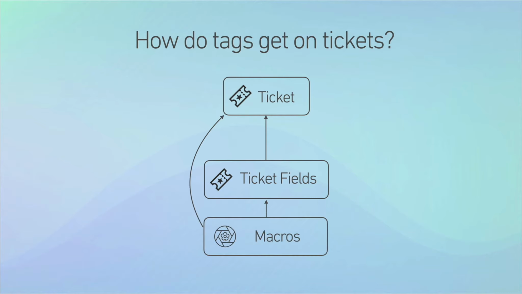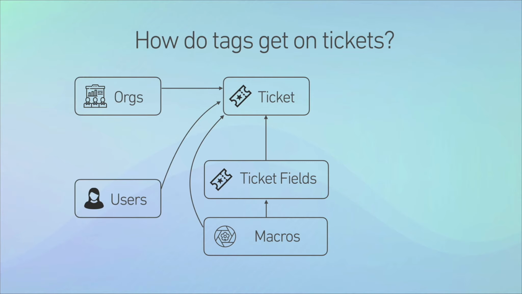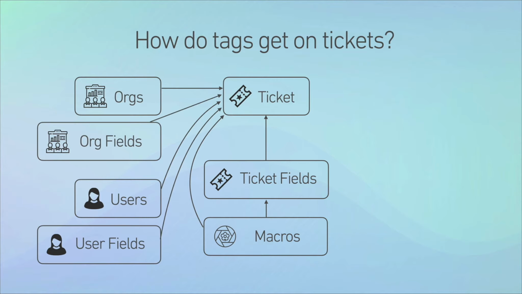You can have macros either directly add tags to tickets or indirectly via ticket fields. If you've tagged an organization or user, the instant that they submit the ticket, it will also contain their tags. And additionally, any user or organization fields that contain tags, drop-downs, checkboxes, multi-select, they'll also end up as tags on any ticket that they submit.